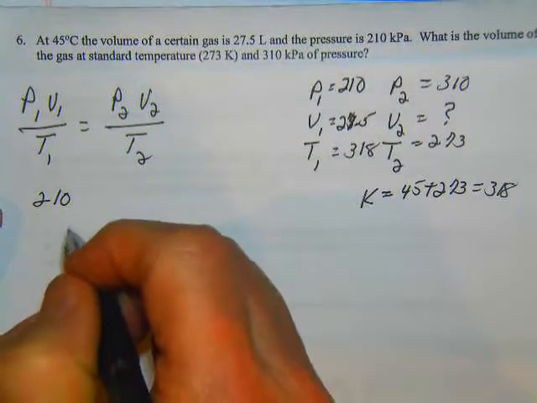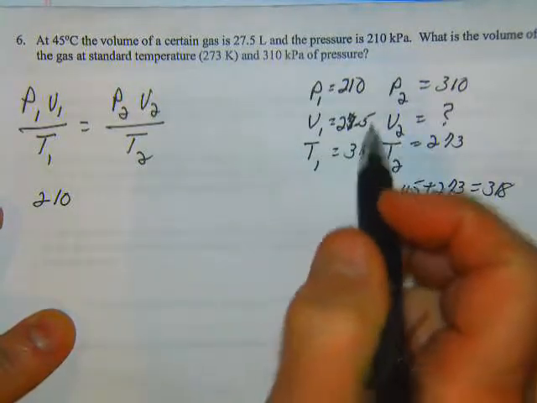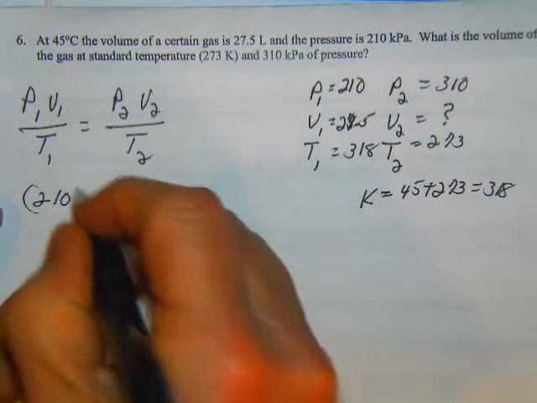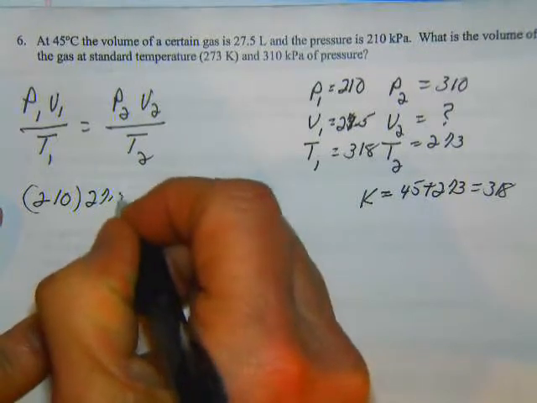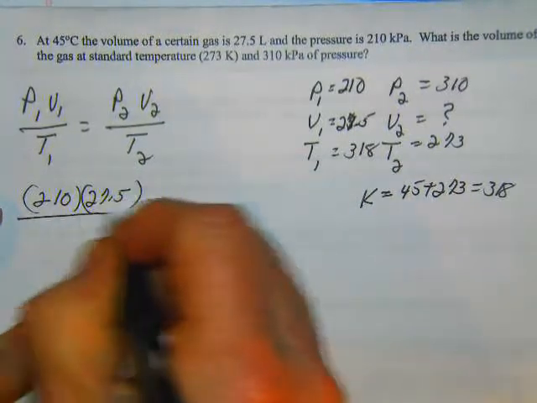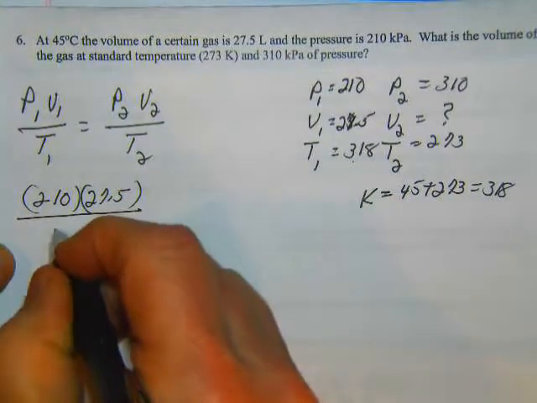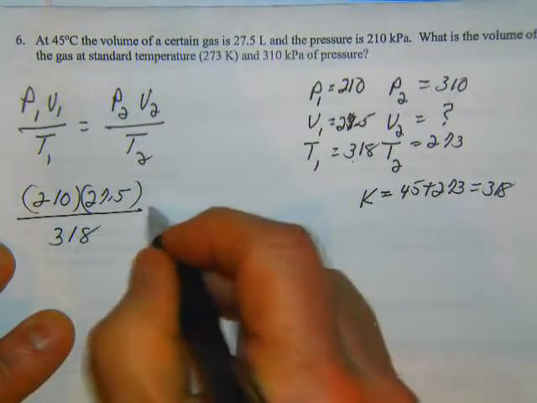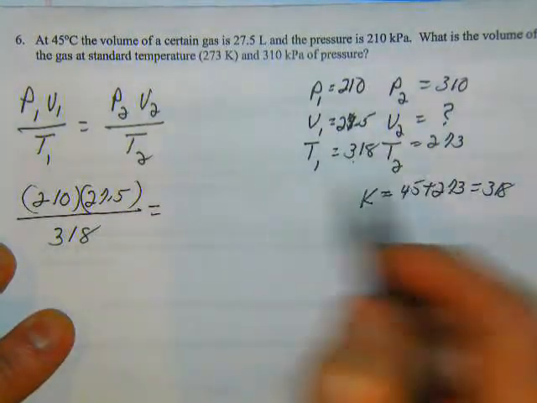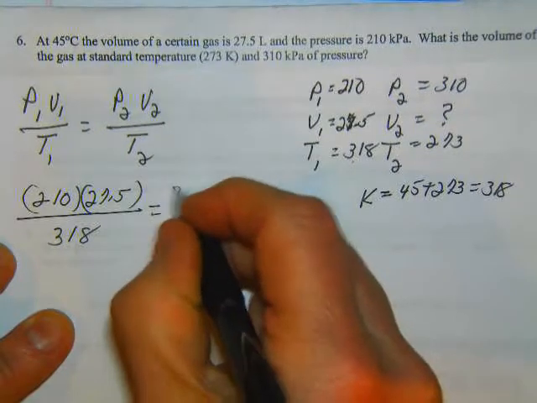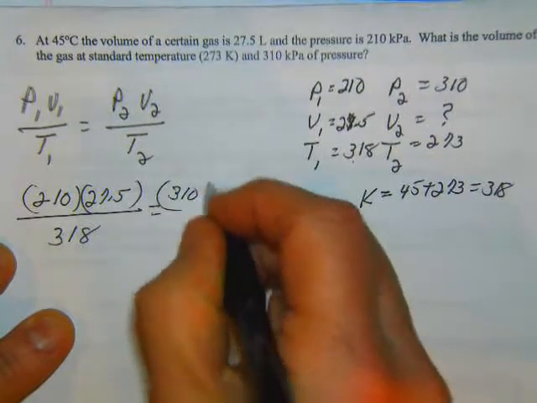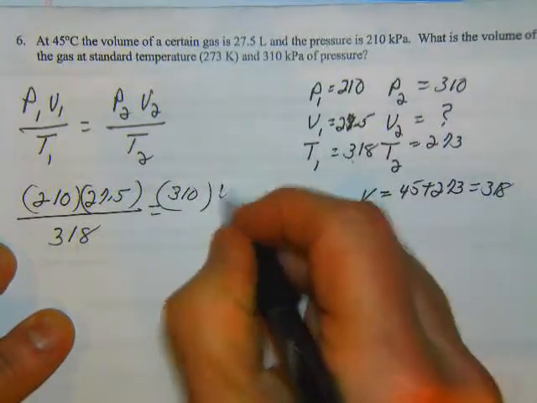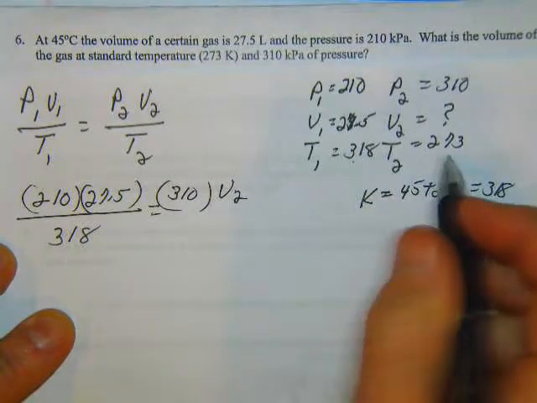V1 is 27.5. T1 is 318. P2, we have 310. We don't know what V2 is, and we know T2 is 273.